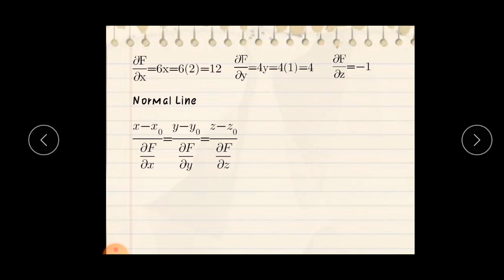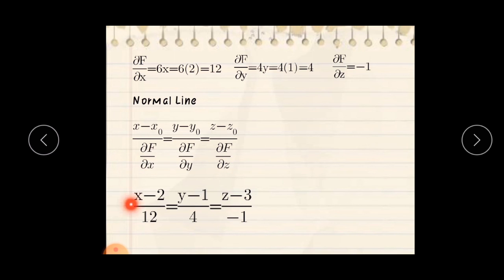So we evaluate all the values that we have: (x minus 2) over 12 equals (y minus 1) over 4 equals (z minus 3) over negative 1.